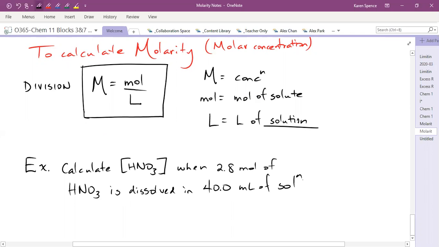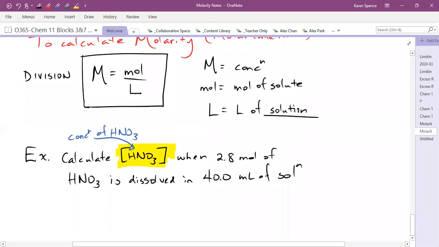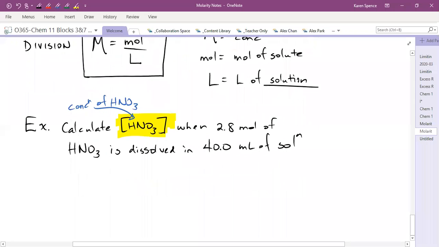Okay, well, we have to remember that those square brackets mean find the concentration of nitric acid. And we know that we have 2.8 moles and it is in 40 milliliters.